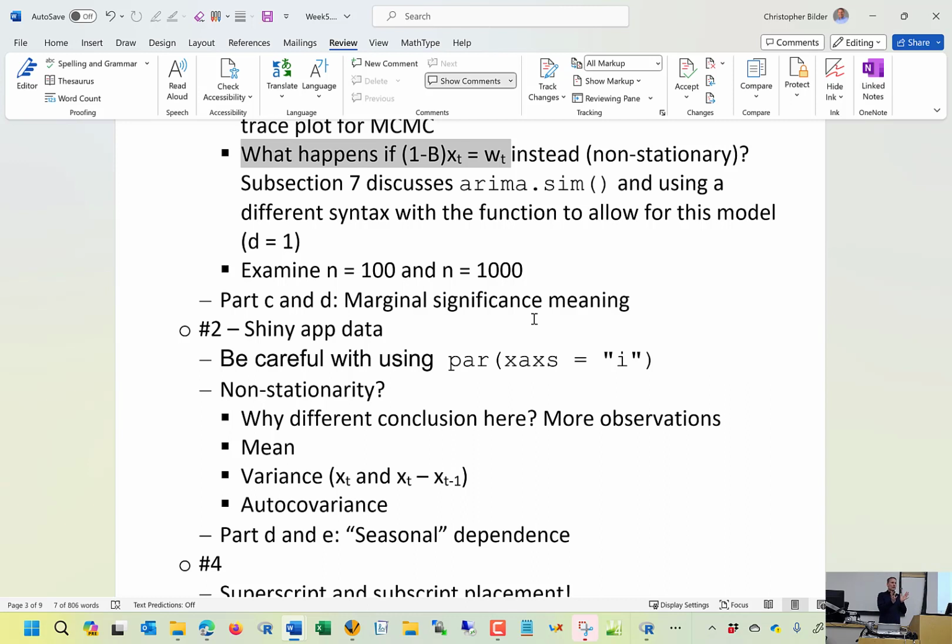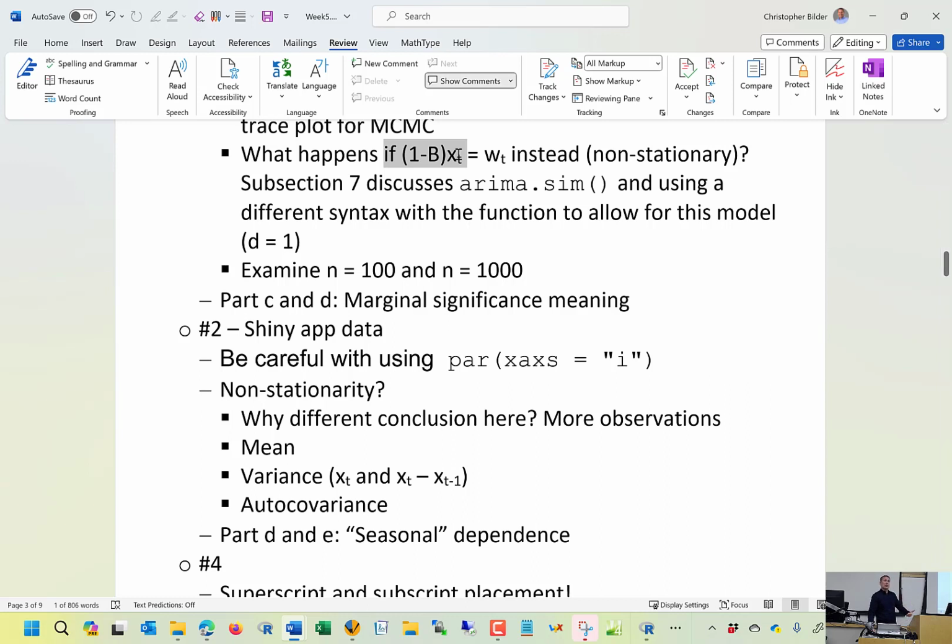Remember how we've used first differences before to solve the non-stationarity in the mean issue. But if I just look at x of t itself, and that's what I'm going to plot, this x of t is actually non-stationary because it takes doing first differences to get stationarity.